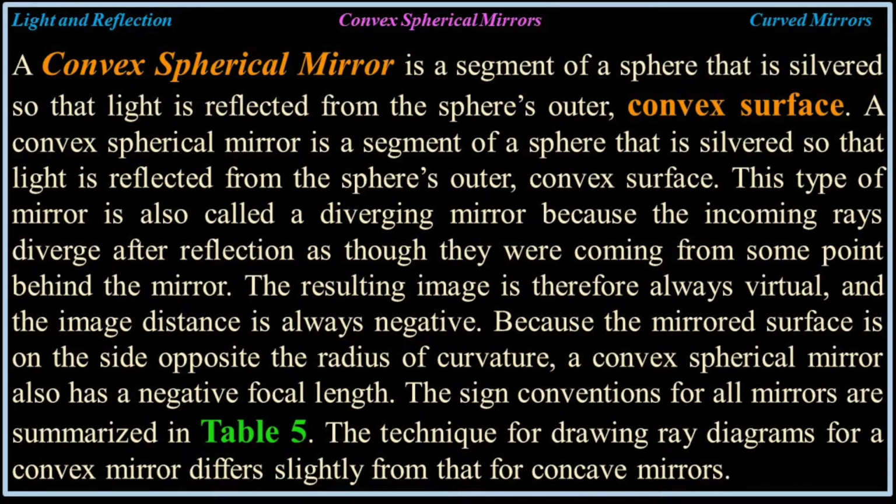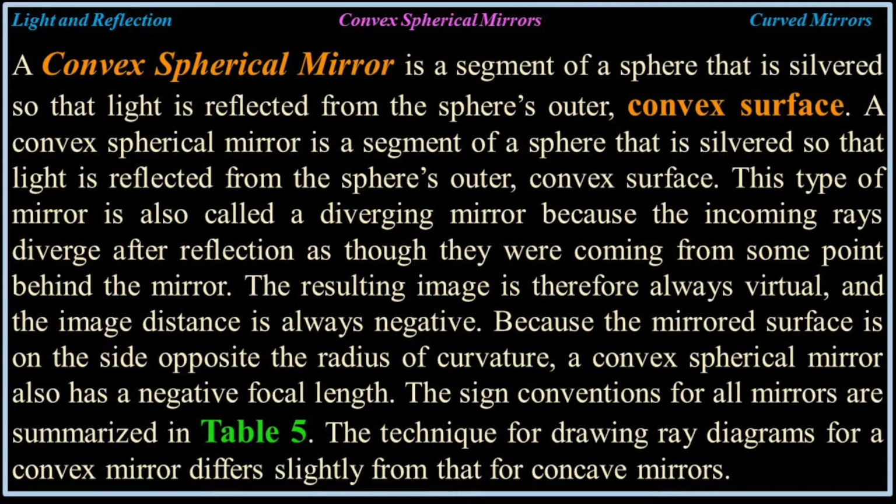The resulting image is therefore always virtual, and the image distance is always negative. Because the mirrored surface is on the side opposite the radius of curvature, the convex spherical mirror also has a negative focal length. The sign conventions for all mirrors are summarized in Table 5.